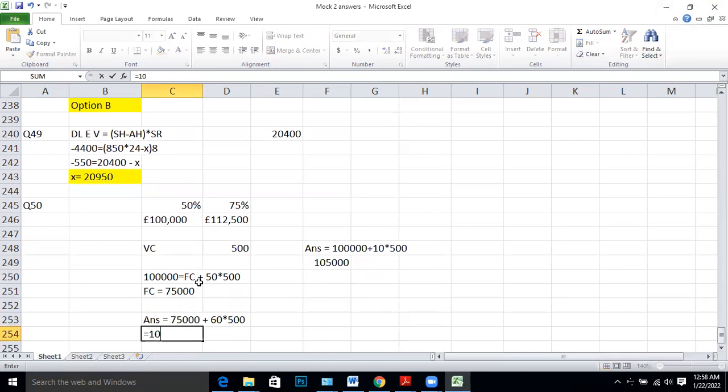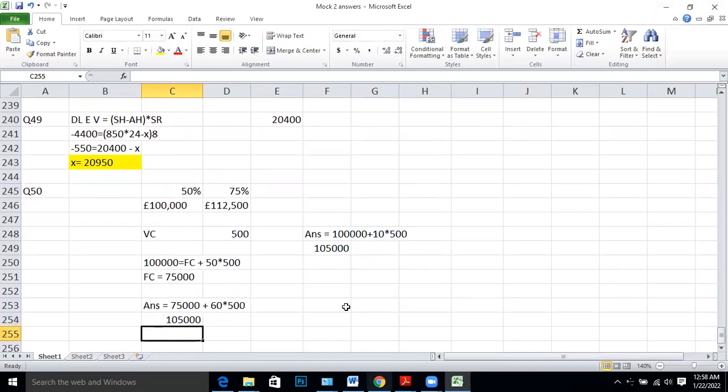So you get 105,000. So you can do it like this, which is easy. Just find the variable cost and straight away jump from 50 to 60. So another 10% extra. For that extra 10%, find the extra variable cost. Add it to this 100,000. If not, use the typical method of finding fixed cost and going ahead, whichever is okay.